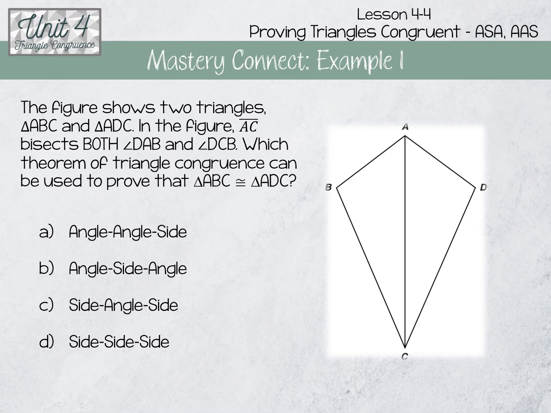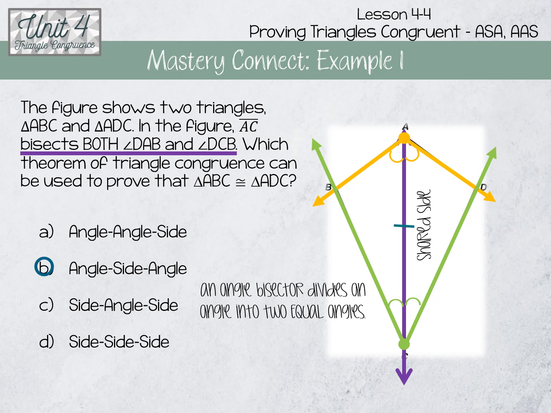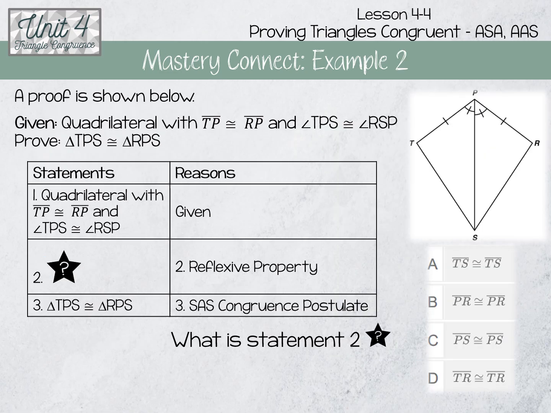In the figure, segment AC bisects both angle DAB and angle DCB. Okay, so that bisects them. An angle bisector divides an angle into two congruent angles, so I'm marking those for us. Of course, we have a shared side. Side is between the angles, so that is angle, side, angle.